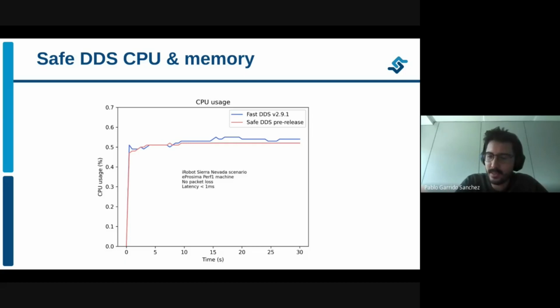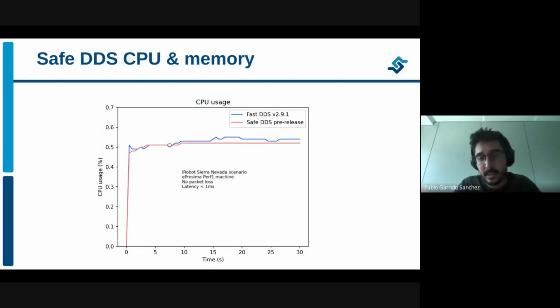If we want Safe to be more responsive, we can modify the executor and make it consume more CPU, or we can make it less responsive in a sense, but still accomplishing the communication requirements, of course, and consume less CPU. In that sense, you will find that SafeDDS has a default executor already implemented that behaves in the same way that the FastDDS executor behaves, but you can tune the execution model of SafeDDS to make your application consume more or less CPU.